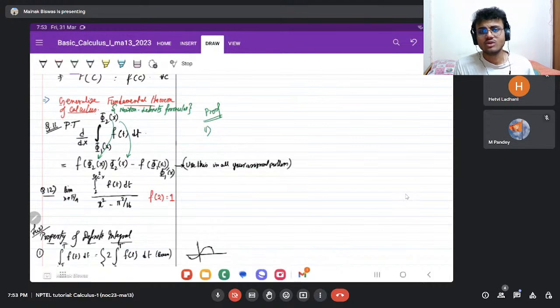Doesn't it sound very familiar? It's like the chain rule, right? It's chain rule plus fundamental theorem of calculus put together. Can anyone tell me how to prove this? Or I'll start. I'll give you 1 minute to think, because this is the last important thing of this session.